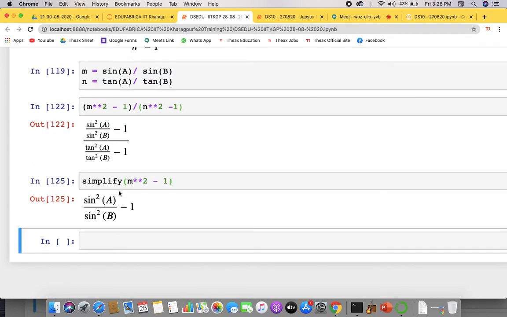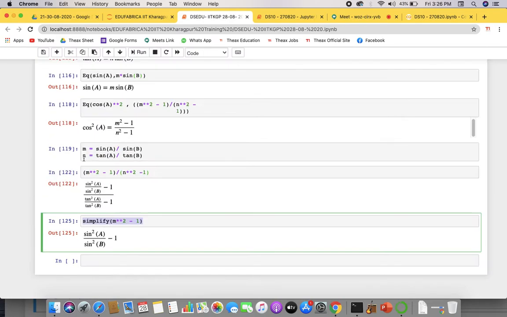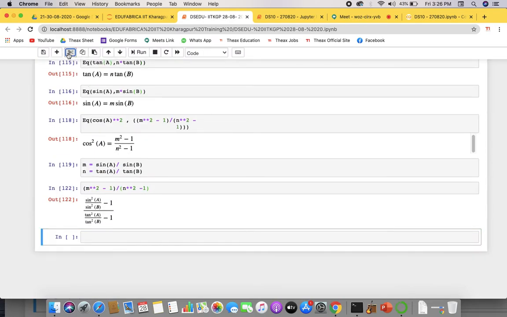Just an expression you are getting, not the simplified version. So this is equal to this. So what should you find? Do you see anything missing there? How should you get it there? Any suggestions quickly?